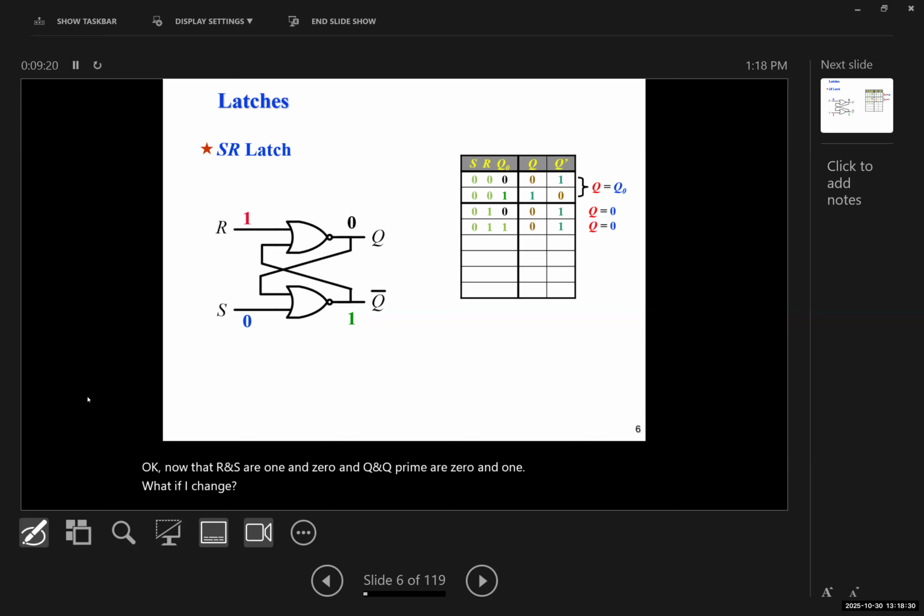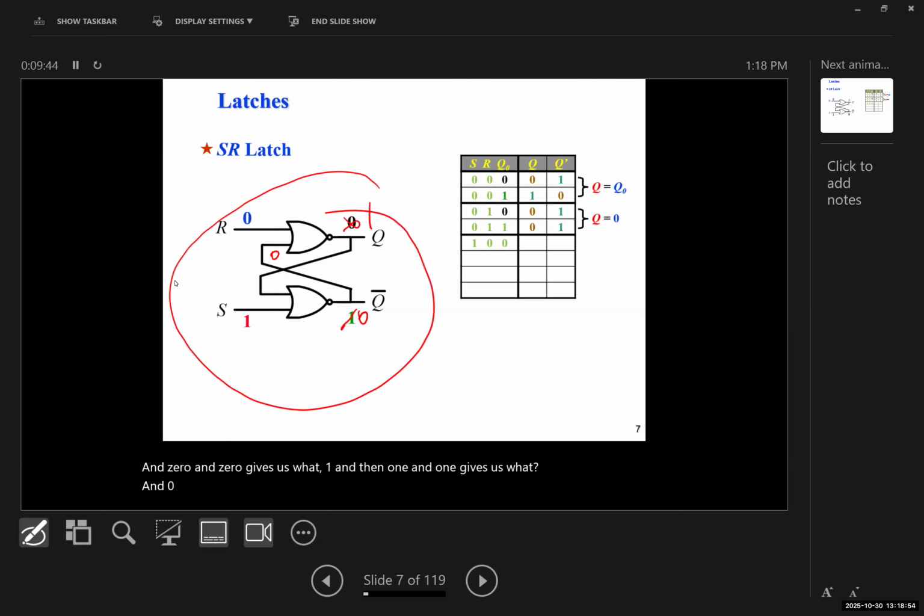and you can see this is the answer. What if I change R and S again? So I put R as 0 and S as 1. And initially Q was 0. So 0 is connected here. 1 and 0 gives us what? And 0 and 0 gives us what? 1. And then 1 and 1 gives us what? And 0, 0 gives us.